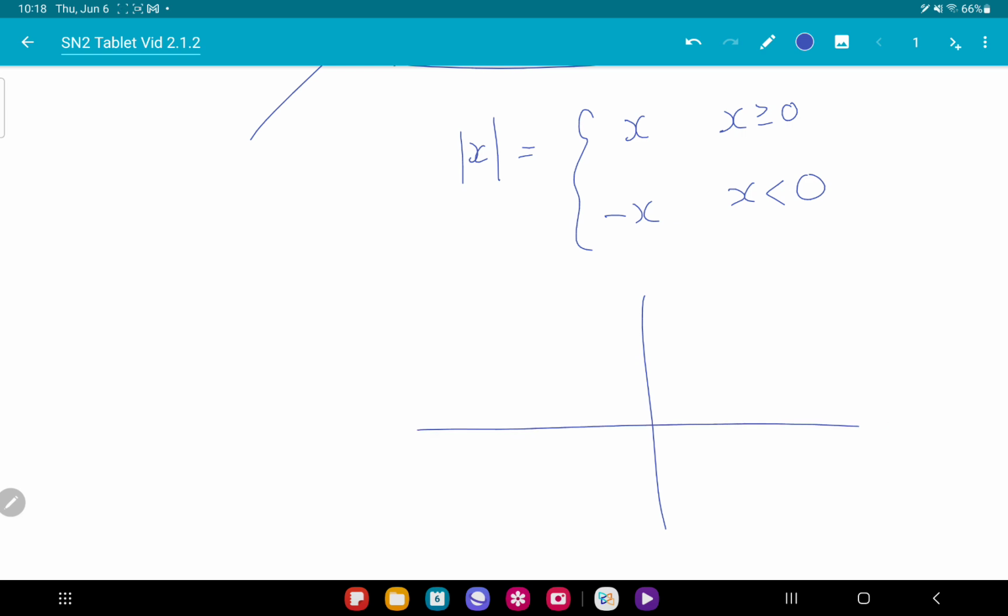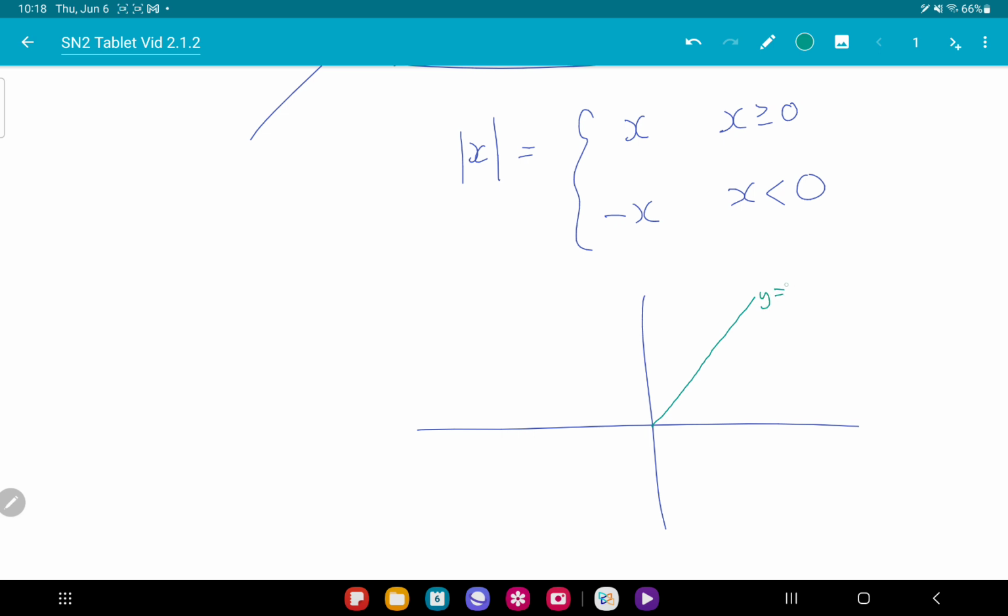Well, you look at, first of all, this guy. So for x is bigger than 0, I'm going to sketch y is equal to x, so the diagonal line. So over here is where you have x is bigger than 0. And there, I'm going to just draw the diagonal line.